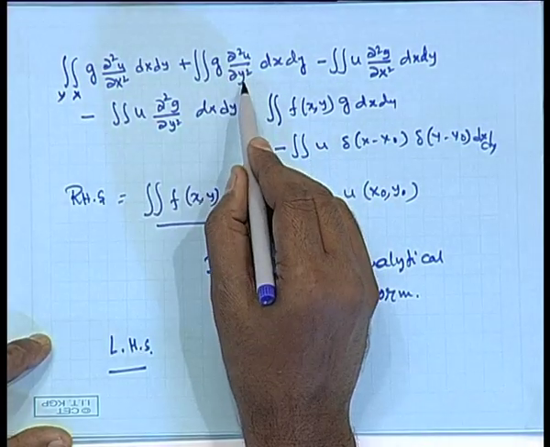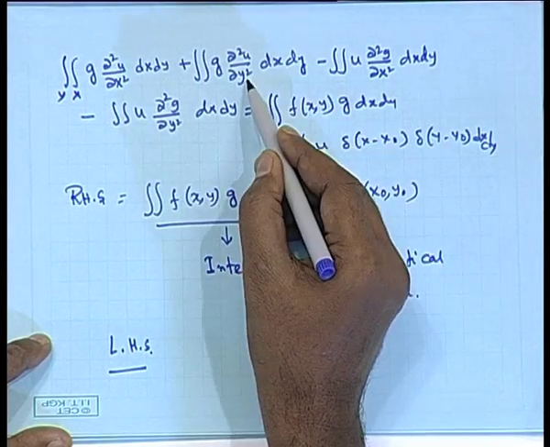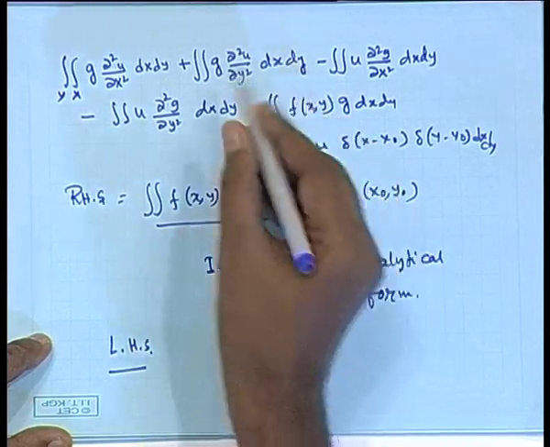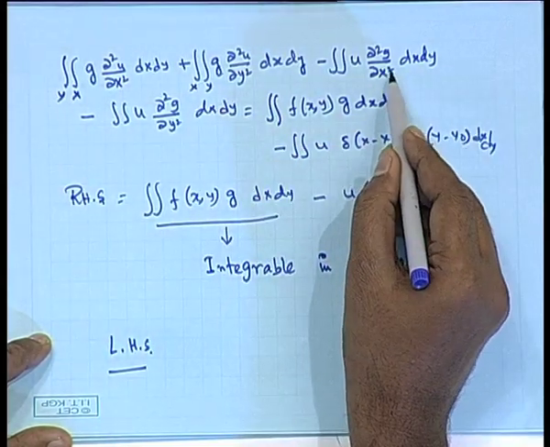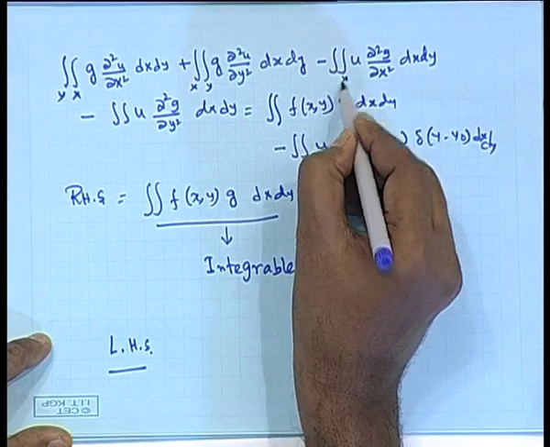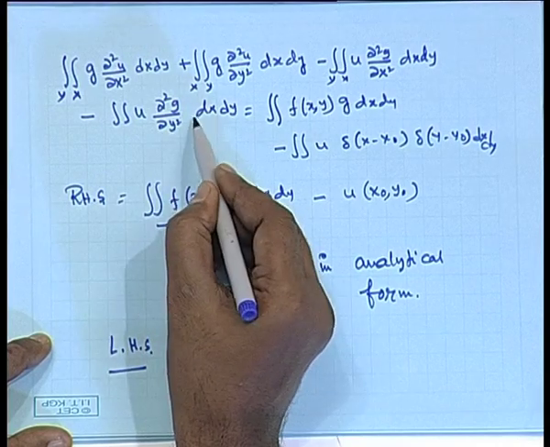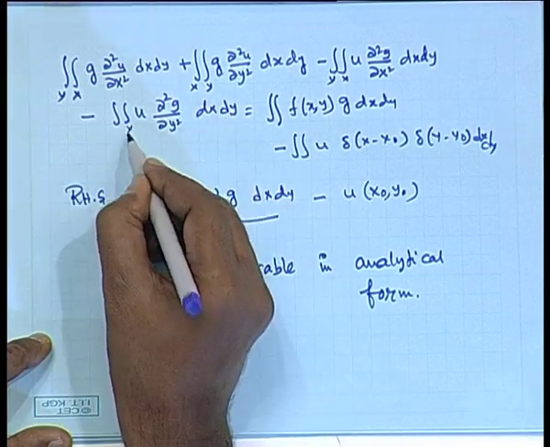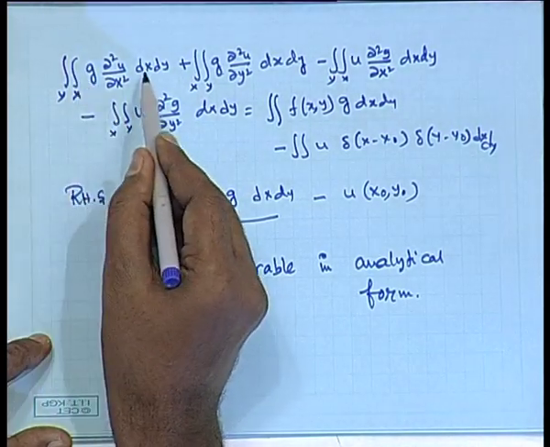G del square u del y square, or change the order of integration, g del square u del y square dy dx. This integration over y, this integration over x. U del square g del x square dx, this is over x, this is over y. U del square g del y square dy dx, this is over y, this is over x. Evaluate the first integral by parts.